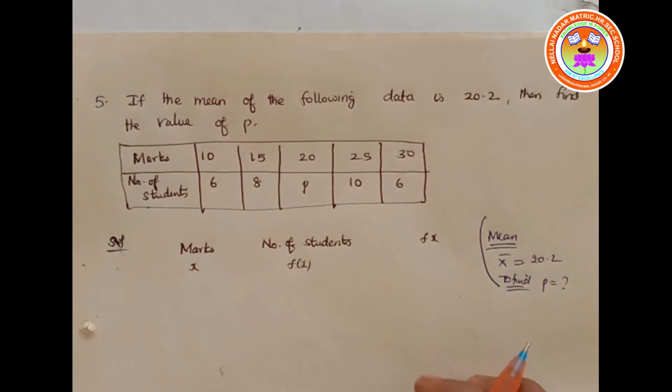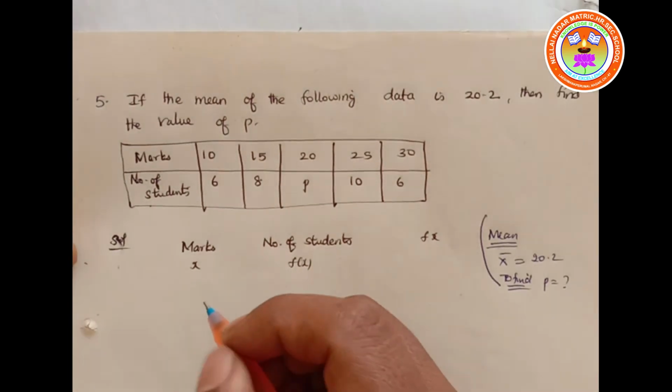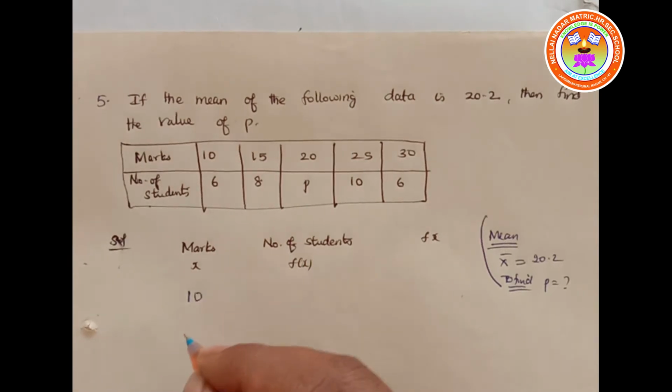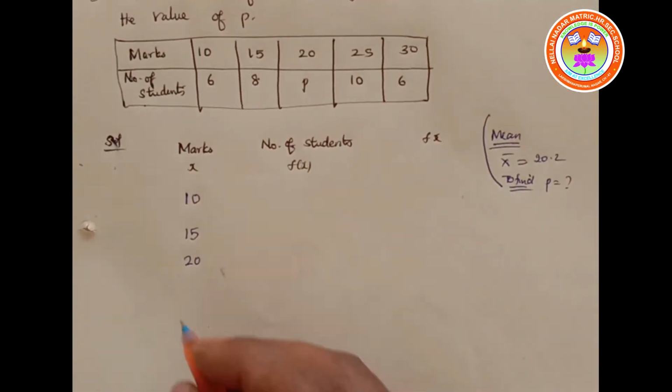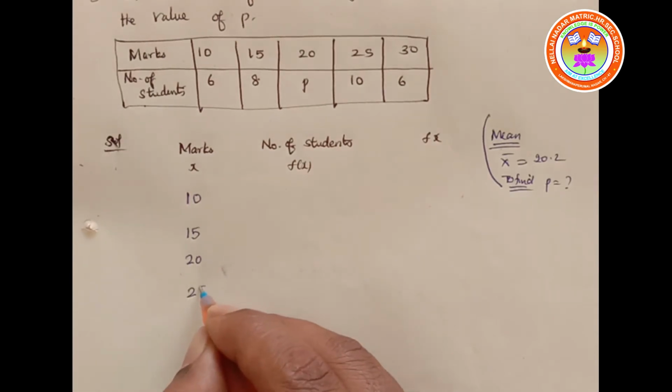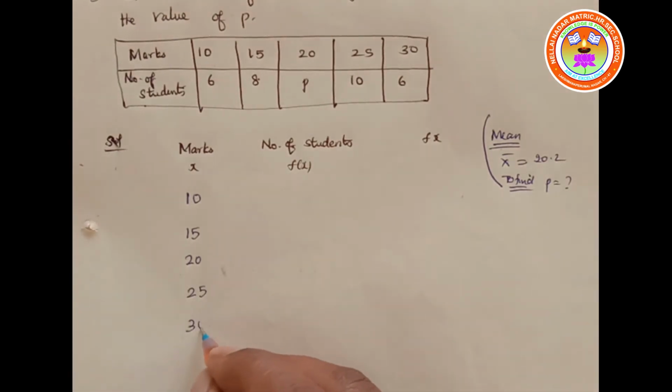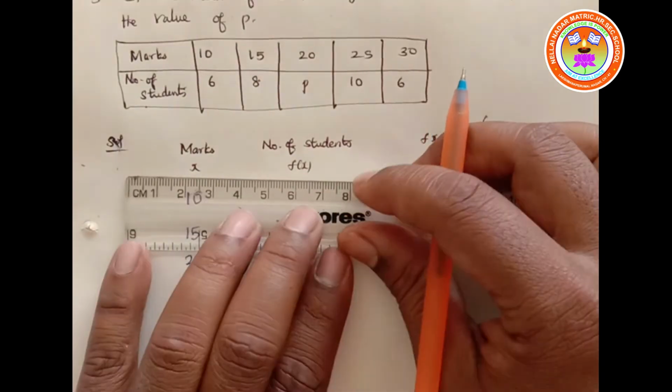Right. So given marks are x: 10, 15, 20, 25, 30. It's clear, children?